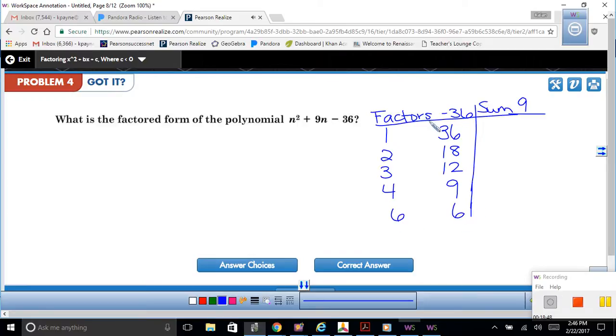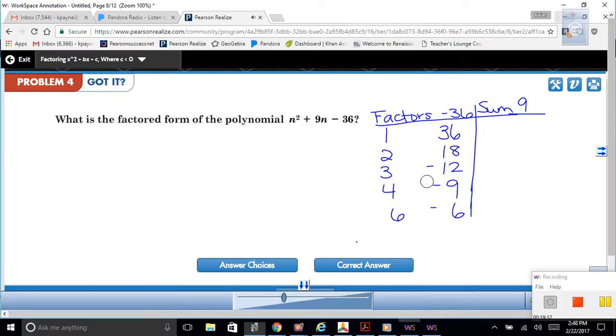Now, again, we're supposed to have a negative product. You can't get a negative product from multiplying a positive number times a positive number. So one of these numbers has to be a negative number. Which one? Well, you could just guess and throw your negatives on the small one first. Try that. If that doesn't work, then you can change your negatives to the big number.